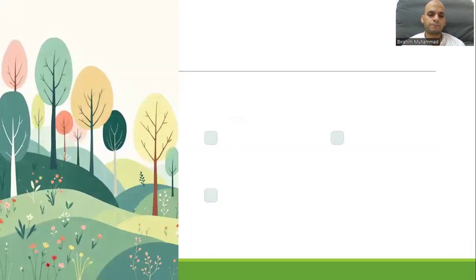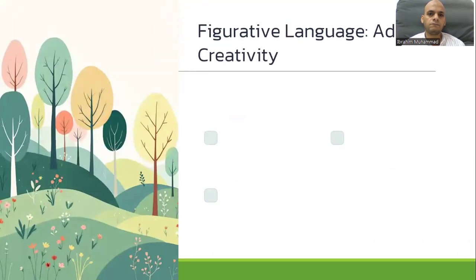Another element of descriptive writing is figurative language. Figurative language adds more creativity to our description. So what are the elements of figurative language?